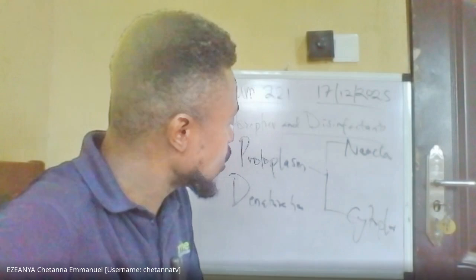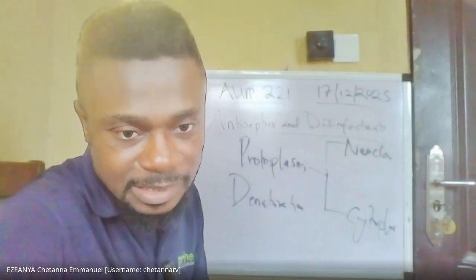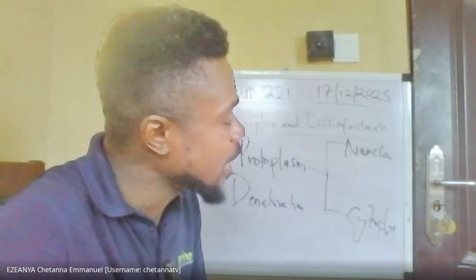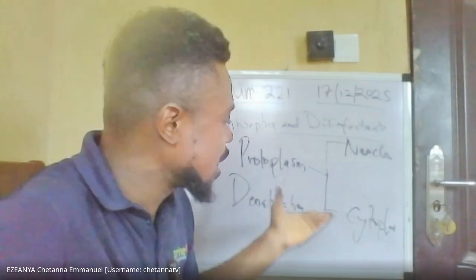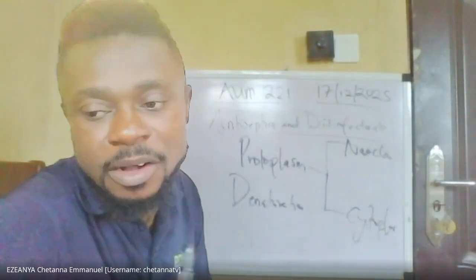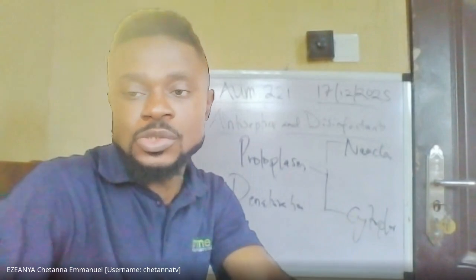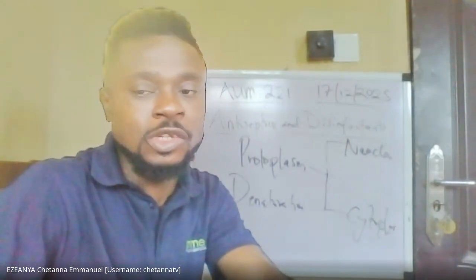And we have others that disrupt the membrane permeability of these microorganisms. You see things like detergents and other quaternary ammonium compounds. So I want to just look at the major classes, then say one or two things about them.